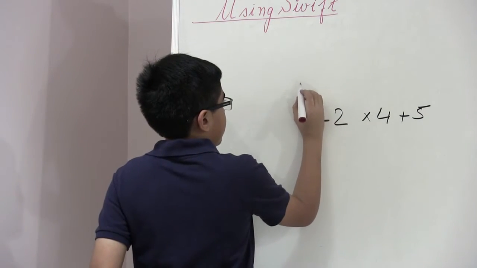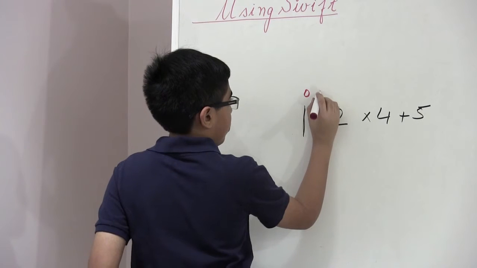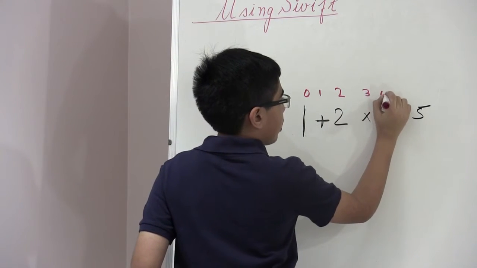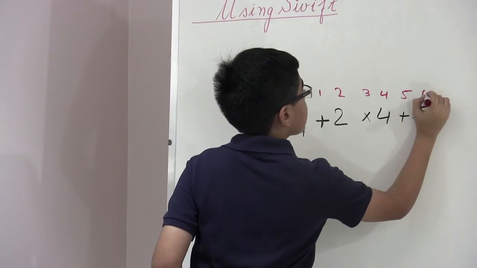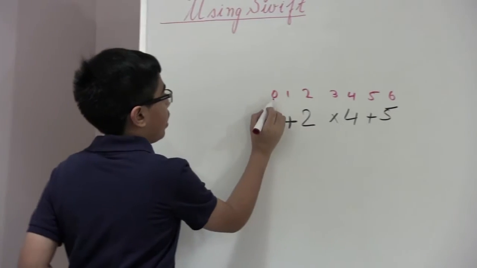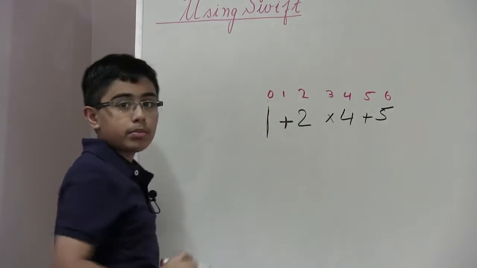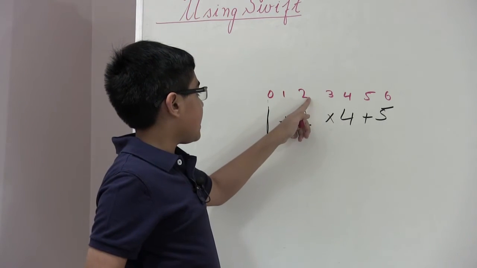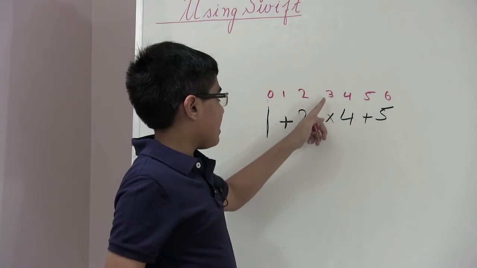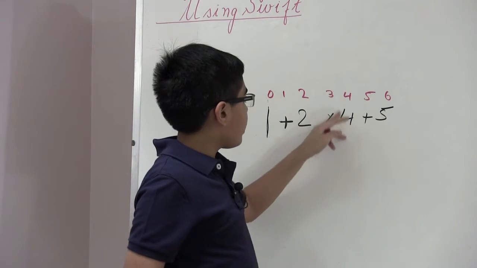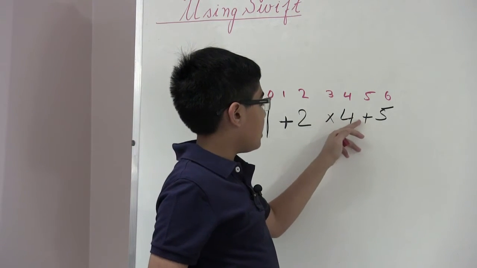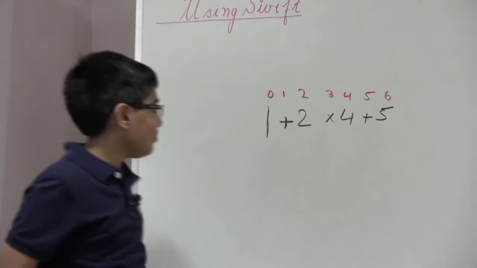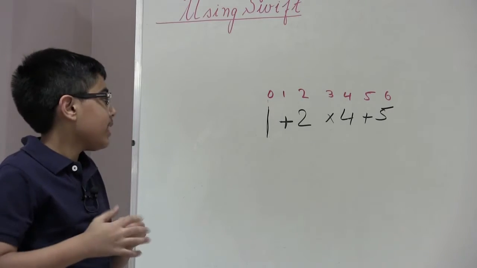This is a 0, this is a 1, this is a 2, this is a 3, this is a 4, this is a 5, and this is a 6. So this 1 is the 0th character in the expression, this plus is the first, this 2 is the second, this times is the third, this 4 is the fourth, this plus is the fifth, and this 5 is the sixth.